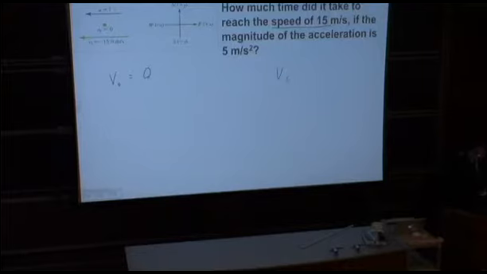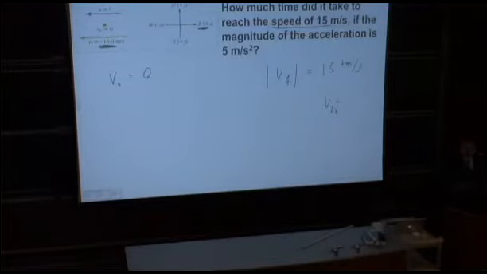That's what we call final speed, the magnitude of velocity. But if you look at this arrow, the velocity points to the left, opposite to the positive x direction. So the x component of velocity, or sometimes we say the actual value of velocity, is negative 15 meters per second.